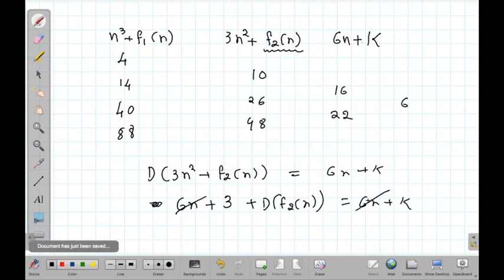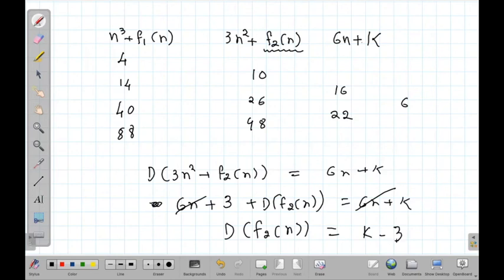So d of f2 of n is equal to k minus 3. Now this is going to be of order an plus b, will be of that form, no?